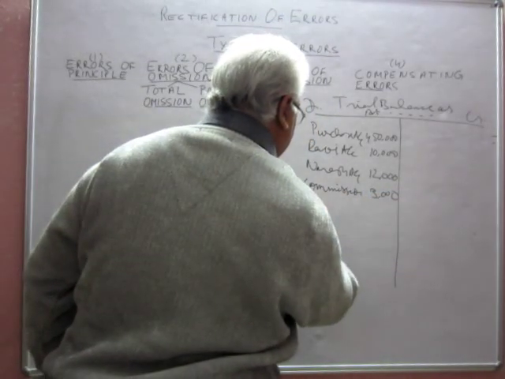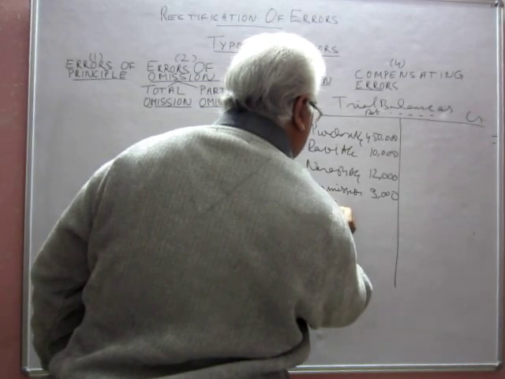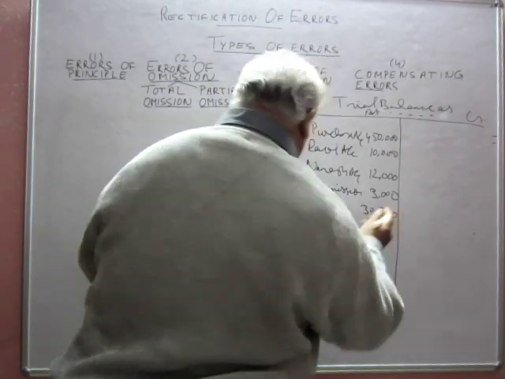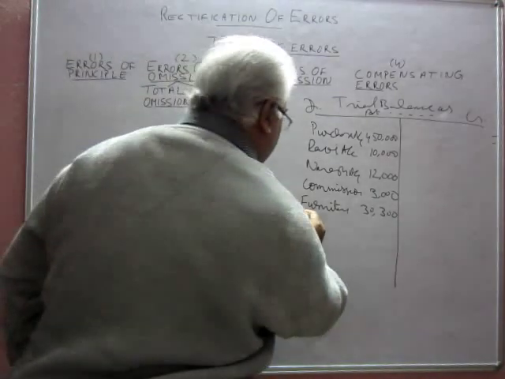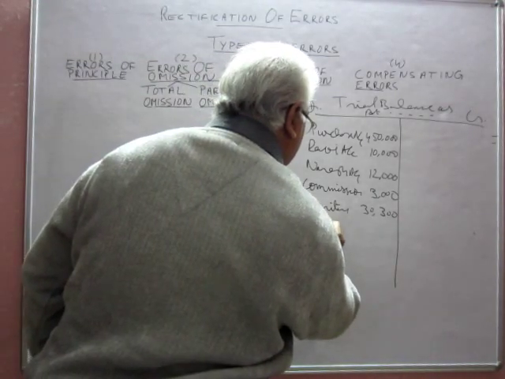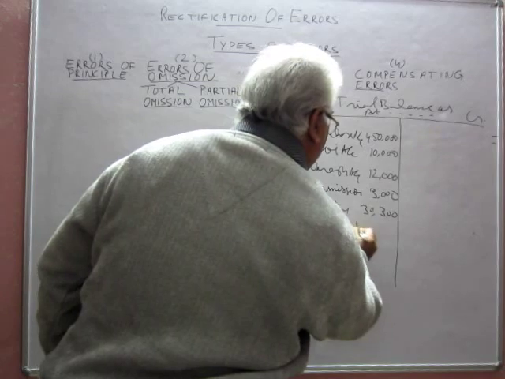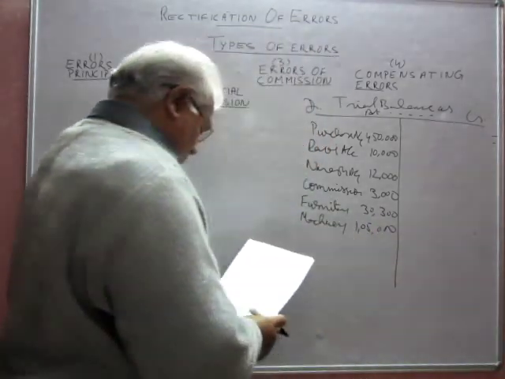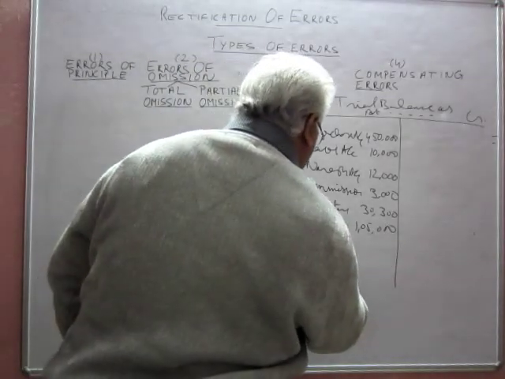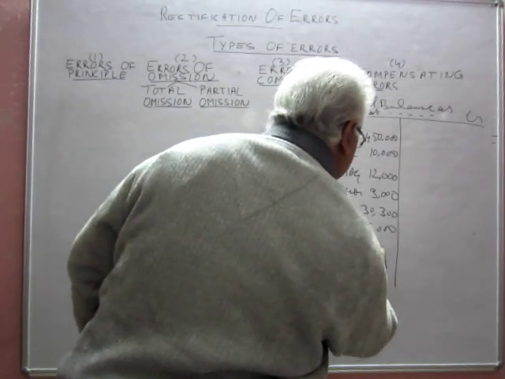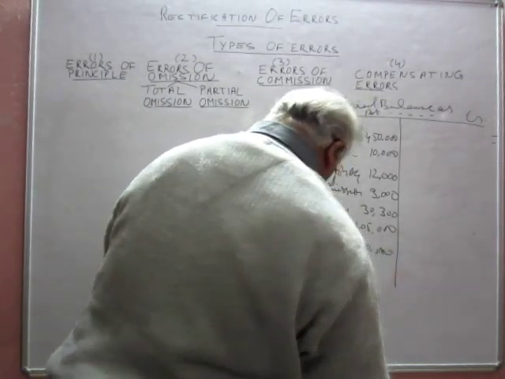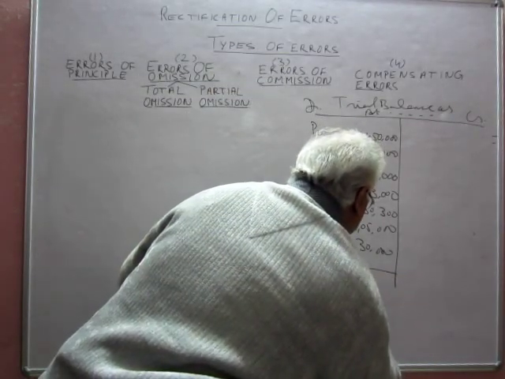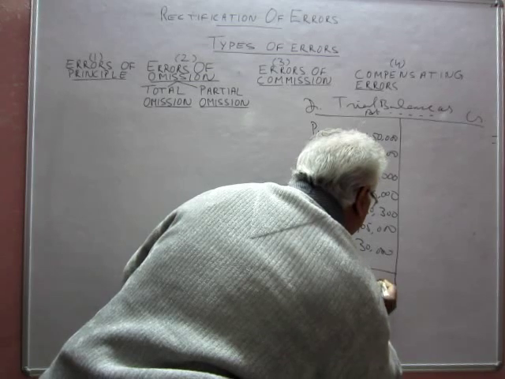Furniture, 30,300. Machinery, 1,05,000. Cash, 30,000. Total of this side comes to 6,40,300.